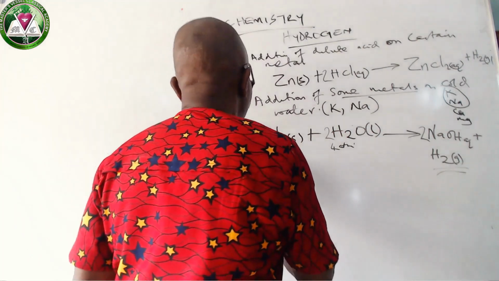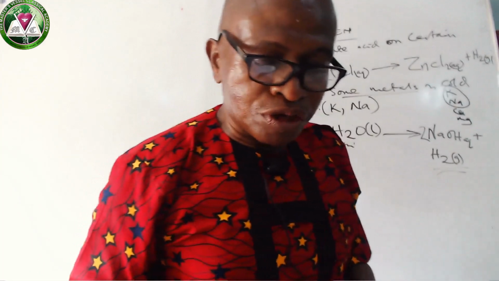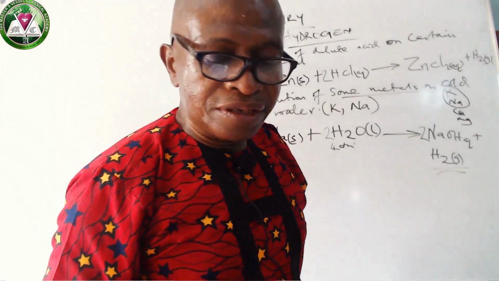Then the third laboratory method is action of some metals on caustic alkalis.